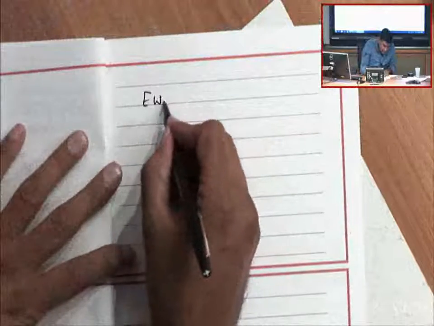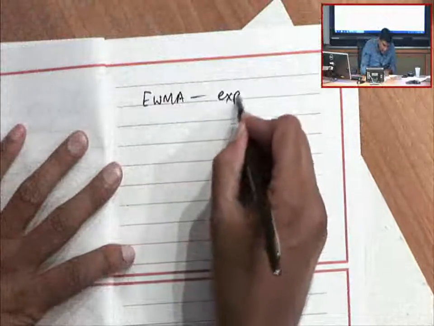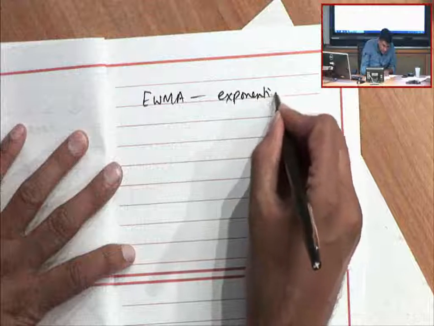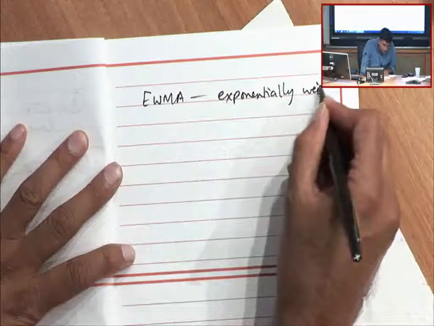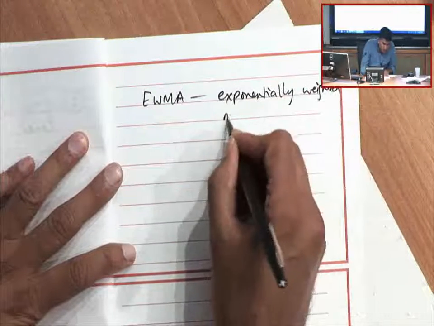So what does this look like? Sometimes it is referred to as EWMA. It's called exponentially weighted moving average.